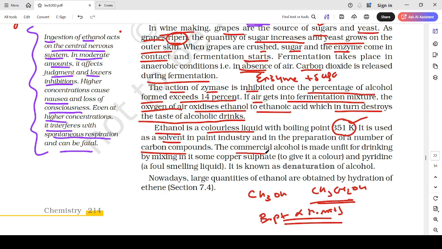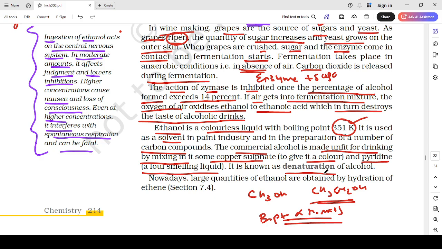The commercial alcohol is made unfit for drinking by mixing in it some copper sulfate to give it a color, and pyridine, a foul smelling liquid. It is known as denaturation of alcohol. Please mark it. Very important question: how is alcohol denatured? That means you are spoiling the nature. Why should I spoil the nature?